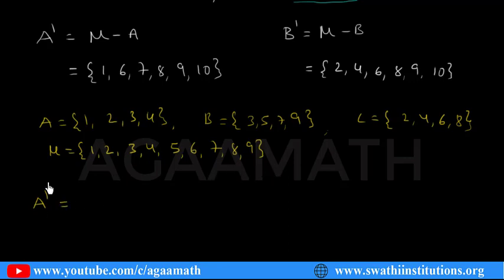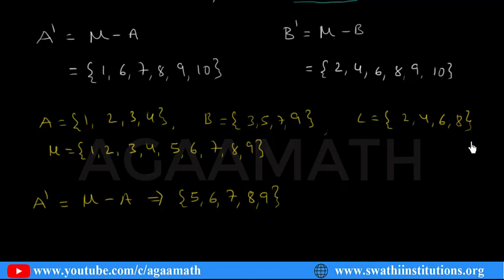Now if they ask to find A complement, we do mu minus A. What does mu minus A mean? Only in the universal set but not in A, so A's elements are excluded from the universal set. You get 5, 6, 7, 8, 9. Children, I hope you all understood.